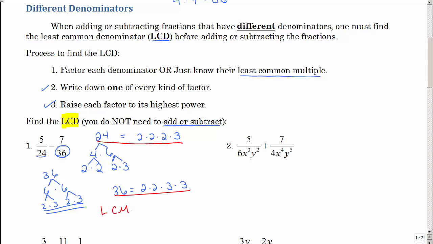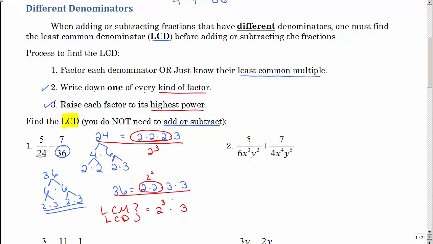Their least common multiple, which would be the least common denominator, let's see, it says write down one of every kind of factor. So I have 2's and 3's. So I know I have a 2 and a 3. Raise each factor to its highest power. Well, this would be 3 of them. This would be 2 of them, so the highest power would be to the third power.